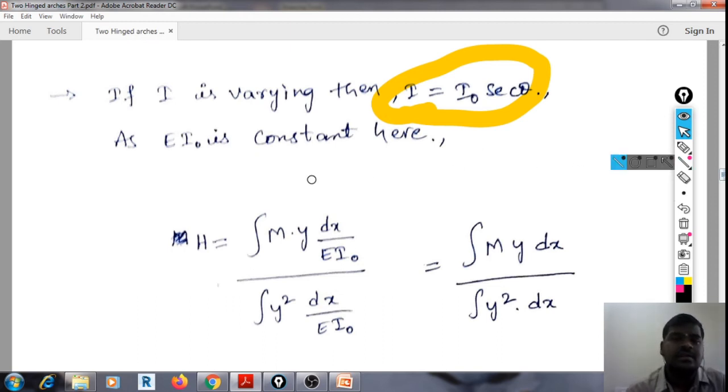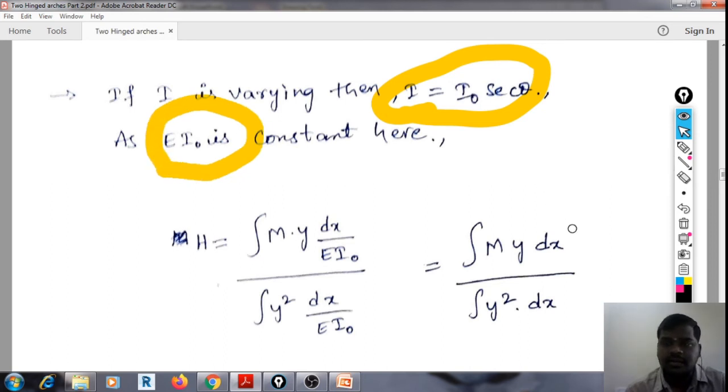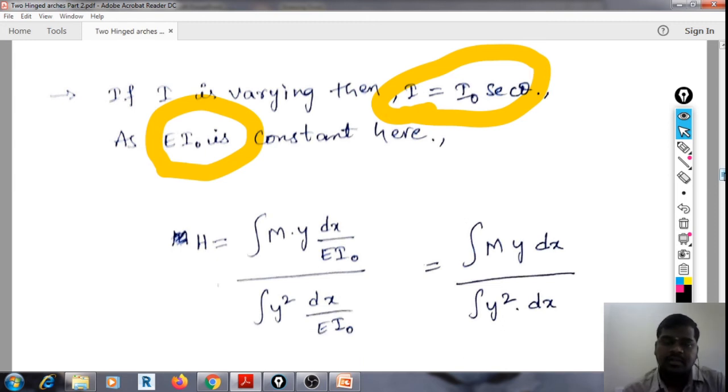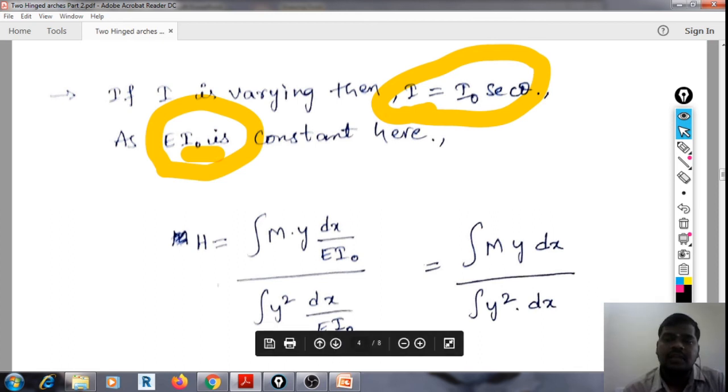As E I naught is constant everywhere, the flexural rigidity of any arch is constant in any of the problems we solve at this level. So E I naught is the special one, and instead of ds we are writing dx. So dx by E I naught, dx by E I naught, they get cancelled. E I naught is a common thing, it will get cancelled.